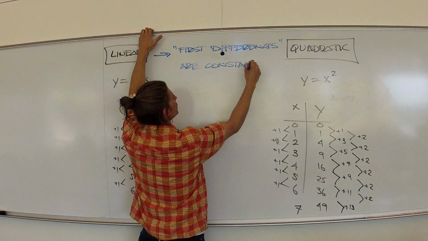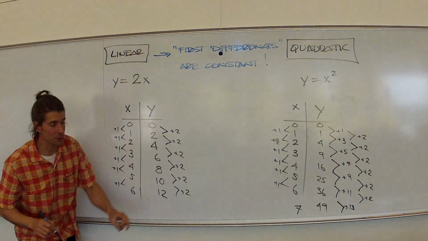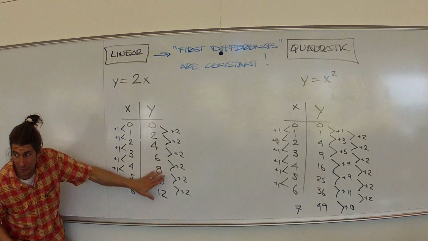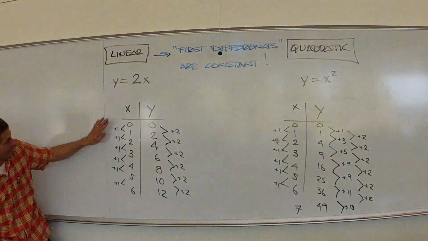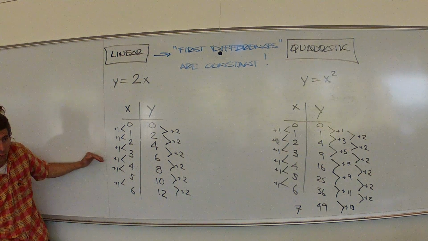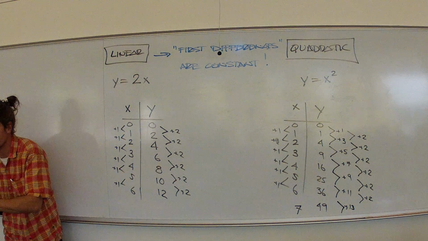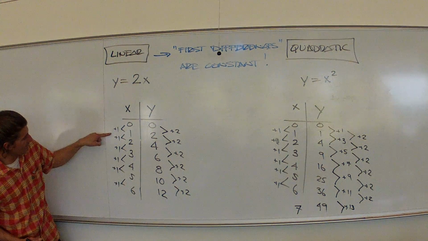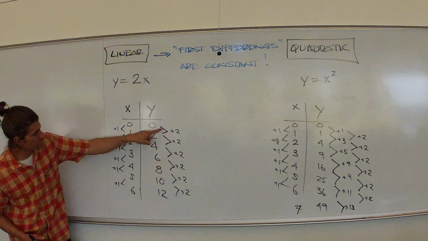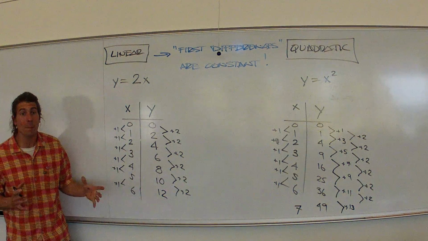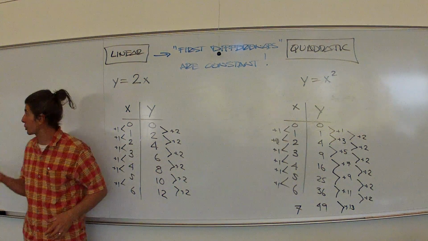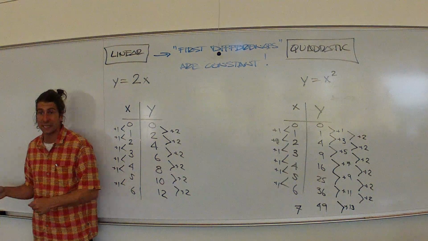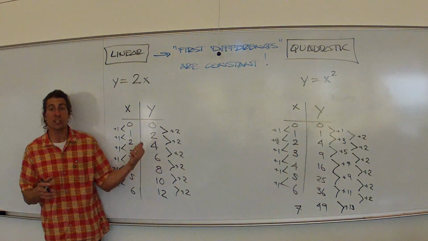And when I say the first differences, I mean this set of carets right here. When the x carets are the same, 1, 1, 1, or 2, 2, 2, or 3, 3, 3, it doesn't matter which interval you use, 1's the easiest. When the first differences are consistent, that's what makes linear data linear data. That's what makes slopes happen and be consistent.